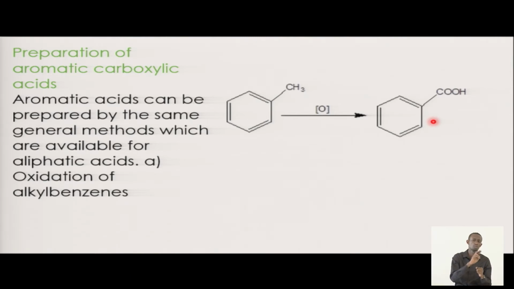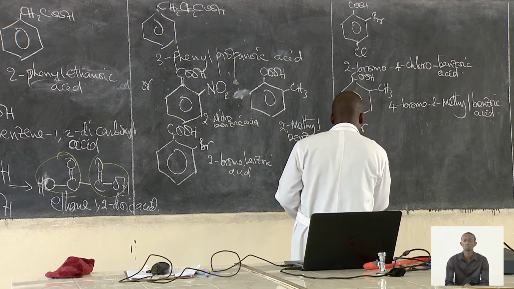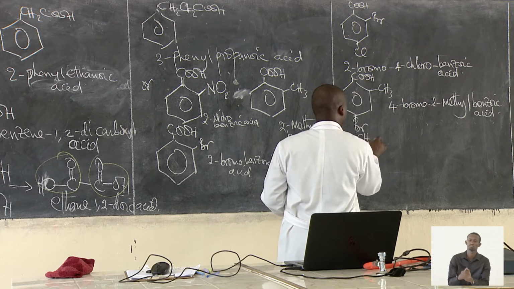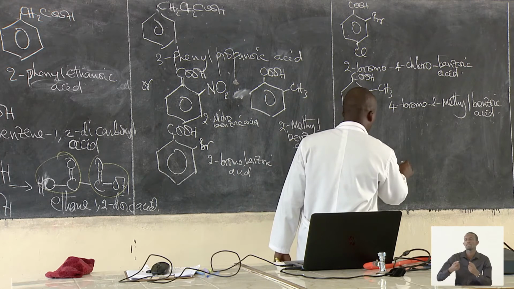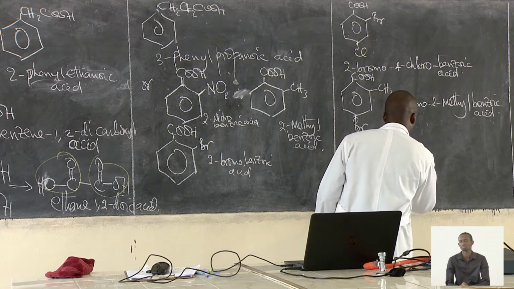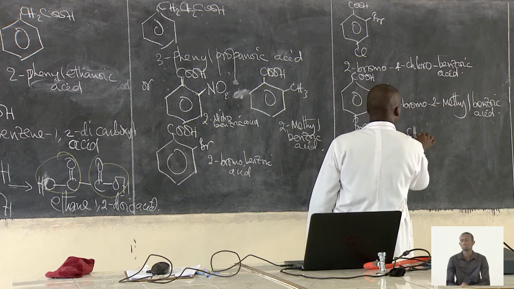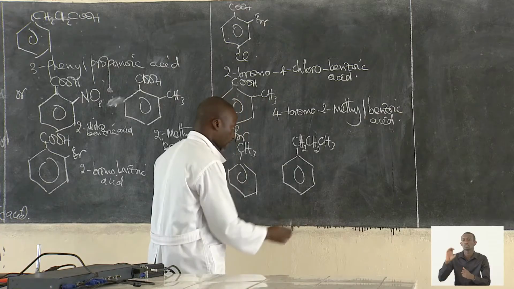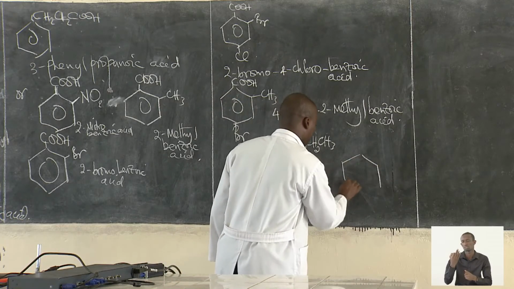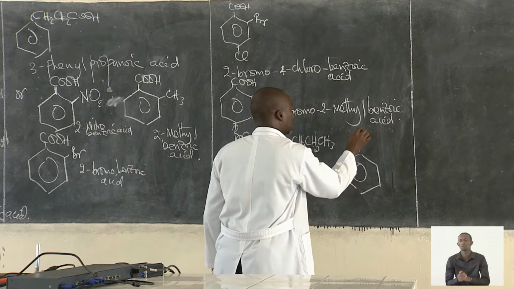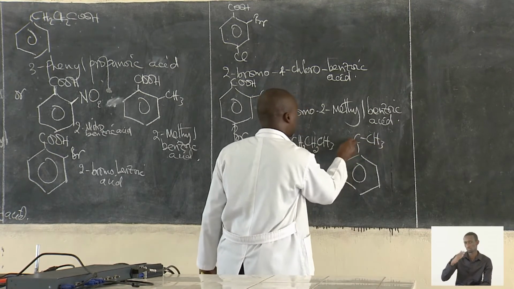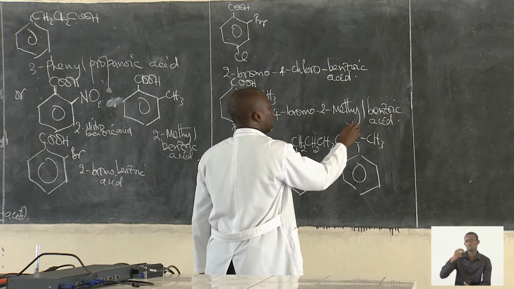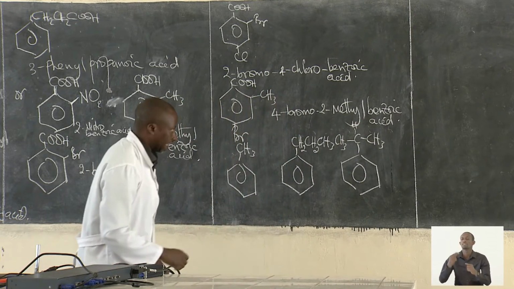There is something very important that I just want to mention. Please take note of this. We may have a methyl group, or whatever alkyl group you may have here, C2H5 or CH3, and you may have hydrogen over there.